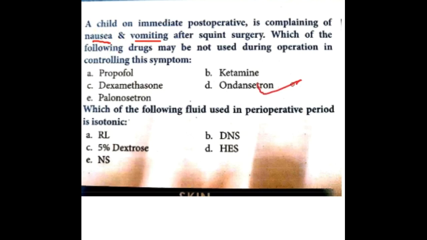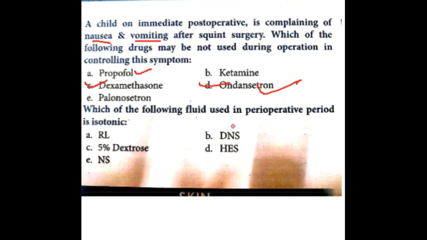So ondansetron will be used for nausea and vomiting, and we can also use drugs like propofol. It has a decreased incidence of nausea and vomiting, and even dexamethasone can also be used to control nausea and vomiting. Post-operative nausea and vomiting, you can use these three drugs.